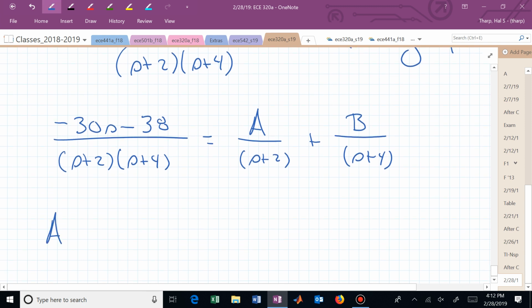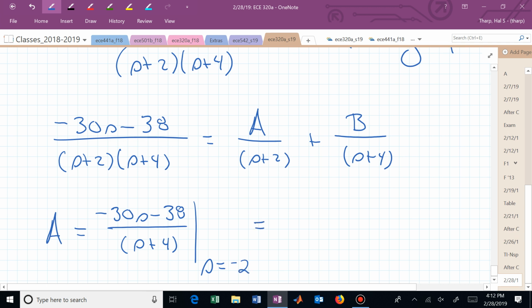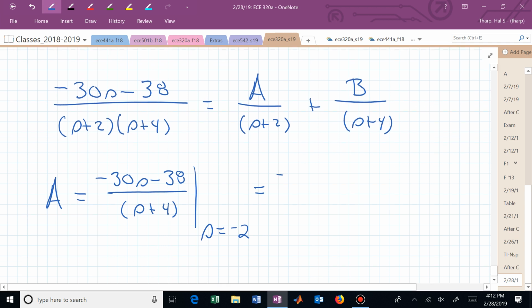And A, using the cover-up method, would be minus 30s minus 38 over s plus 4. Where do I evaluate that? At s equal to minus 2, the value of s that causes that polynomial sitting underneath A to vanish. And we now just plug in that value of s.